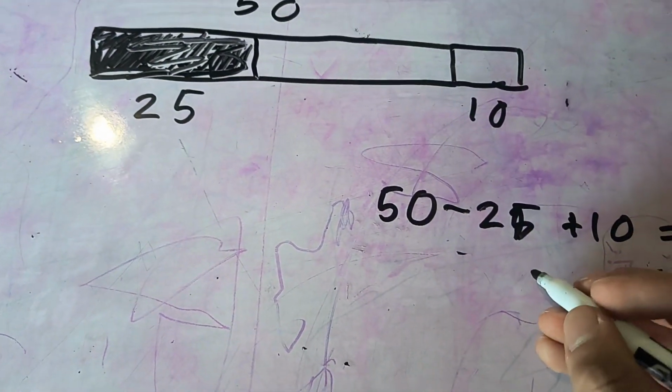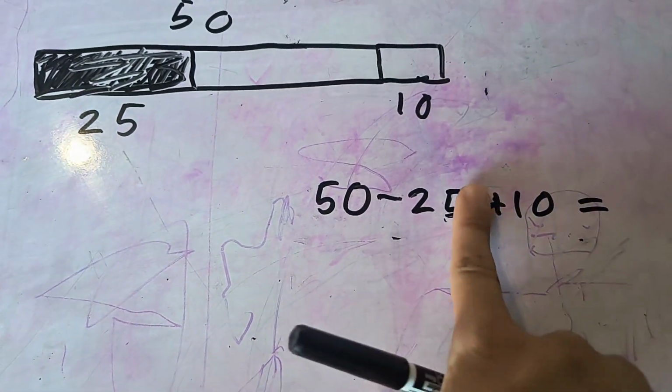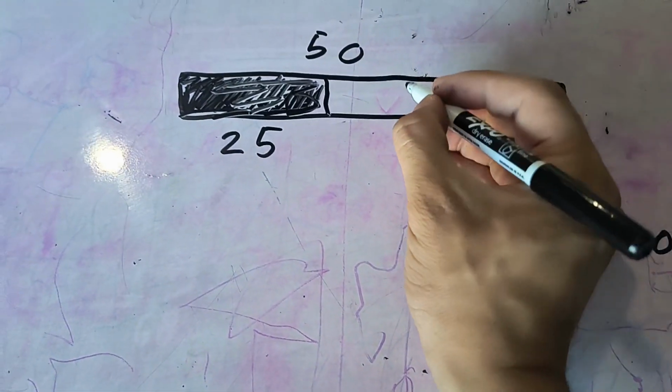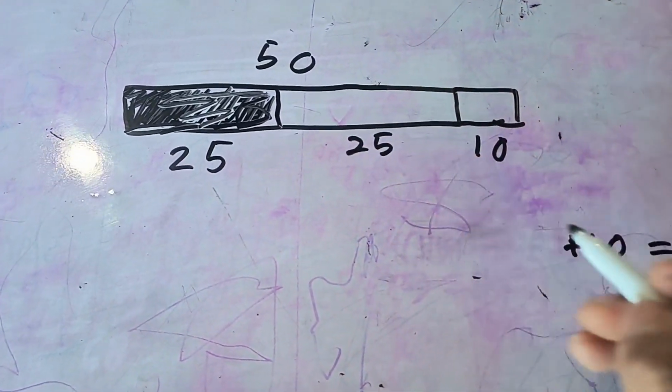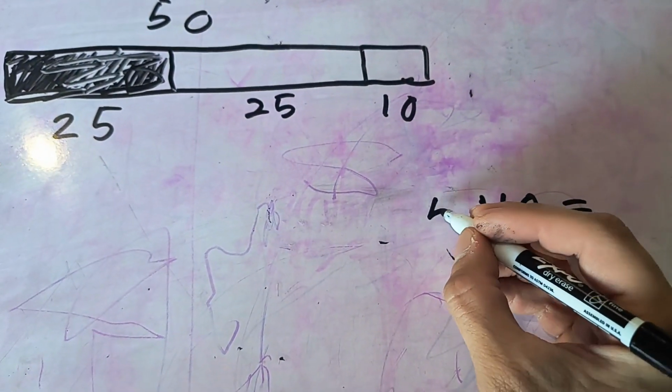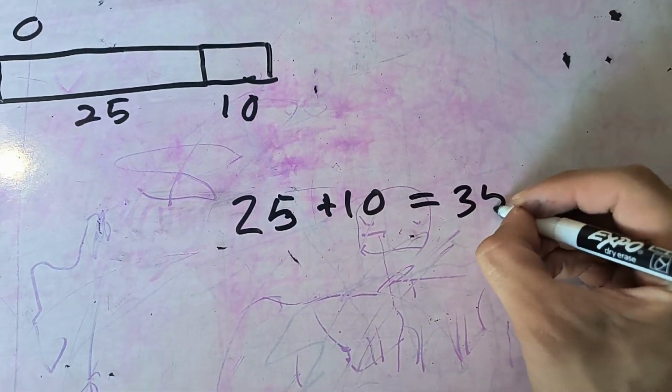Okay, 50 minus 25 is equal to 25, which means that this not shaded in part is equal to 25, this one right here. And then that's just 25 plus 10, which is just 35.